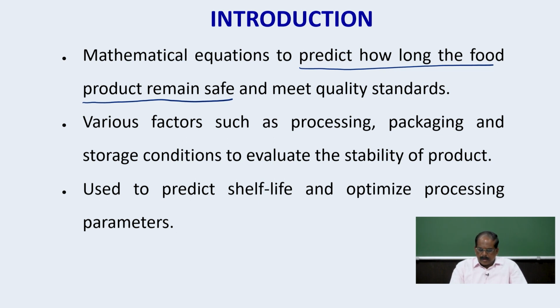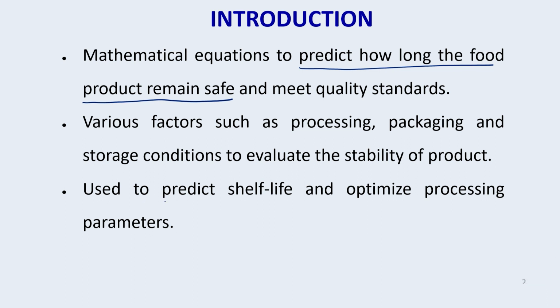So, various factors such as processing, packaging, storage condition are used to evaluate the stability of the product, that is, how long the food product can remain safe for consumption. That is the primary objective of having these mathematical models. Of course, they are used to predict the shelf life and optimize the processing parameters.